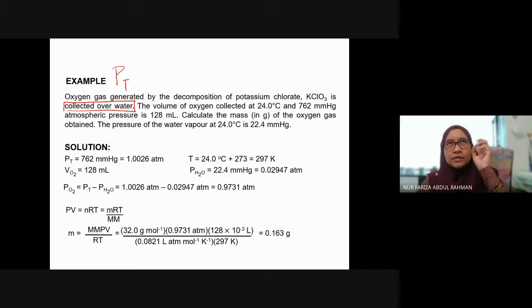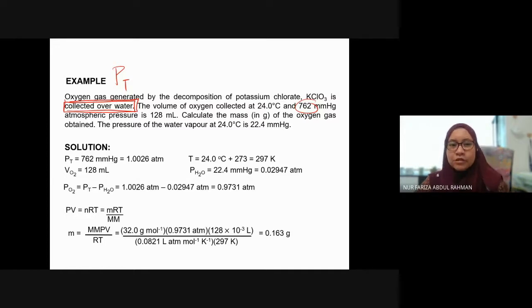Maksudnya, the gas will be mixed with the water vapor. Dia ada cakap tak total pressure? Dia tak cakap, you kena sendiri tahu. Pandai-pandai lah.